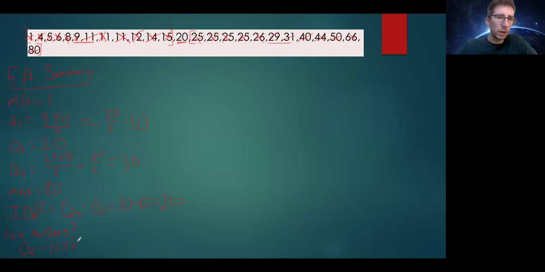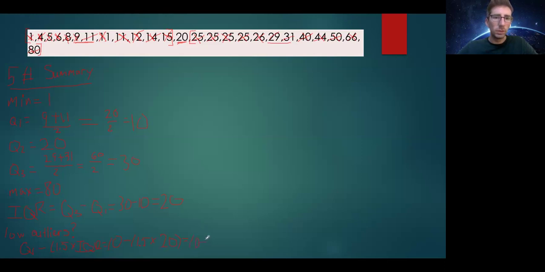We'll multiply that by our IQR. Right, so Q1 is 10 minus 1.5 times the IQR, which is 20. So 1.5 times 20, let's see, that should be 30. Double check, 1.5 times 20 is 30.